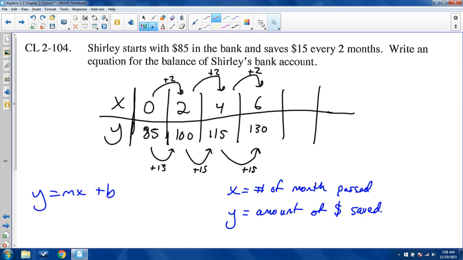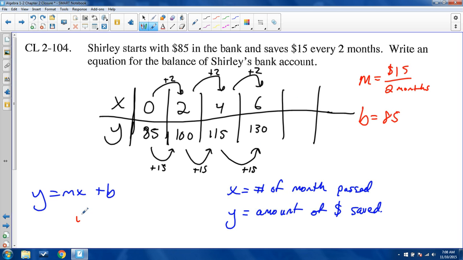So the slope is referring to the rise over the run. Your slope m here is going to be rising $15 every, or saving really, running every 2 months. That is the slope. So what we can do is check with this table and make sure it makes sense. Your y-intercept b, your starting value, is 85.